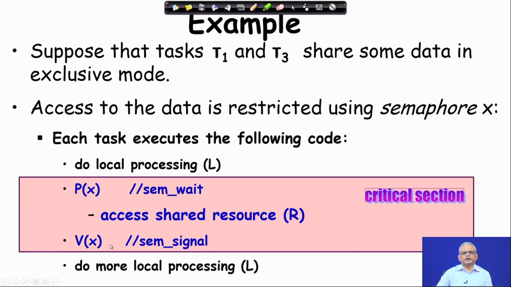The two primitives that are supplied by the operating system for accessing the resource are semaphore wait, in typical operating system books denoted by the operation Px, and Vx is the semaphore signal to release the resource, and this part of the code is called the critical section of the code, and then later they may do more local processing.